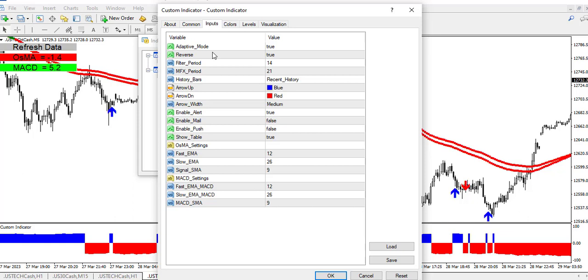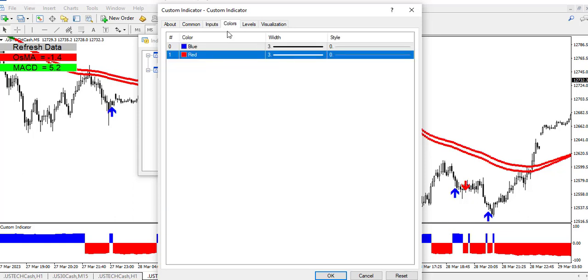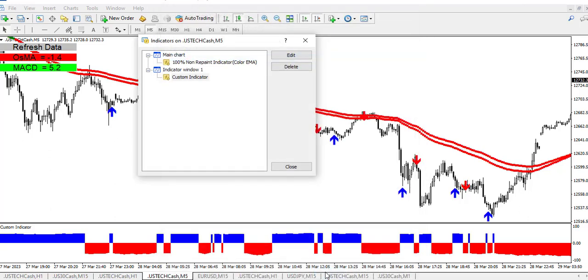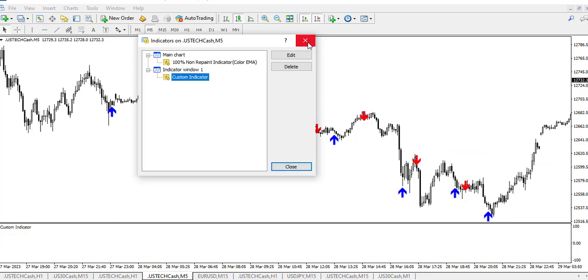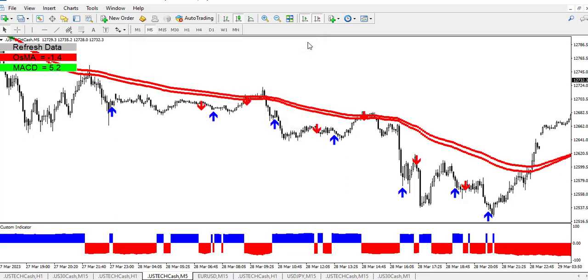You do not need to change anything unless you want to play with the values for this particular indicator, and click OK when you are done. So I only have two indicators for this particular MetaTrader 4 winning forex trading strategy.